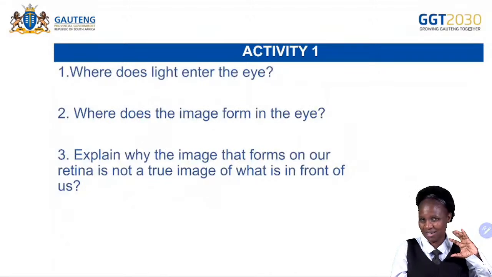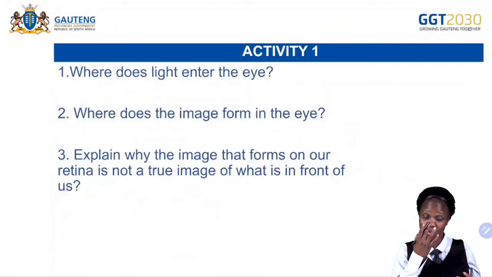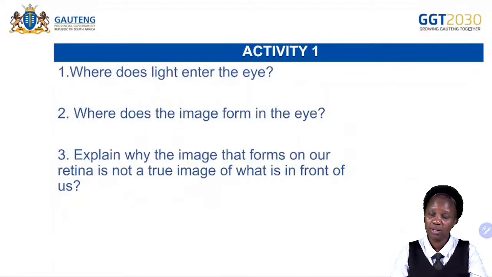Remember how you see the image that is in the retina and what we see, the image that is in front of you. All right, we are going to write this activity. I'll give you 4 minutes to answer the activity.